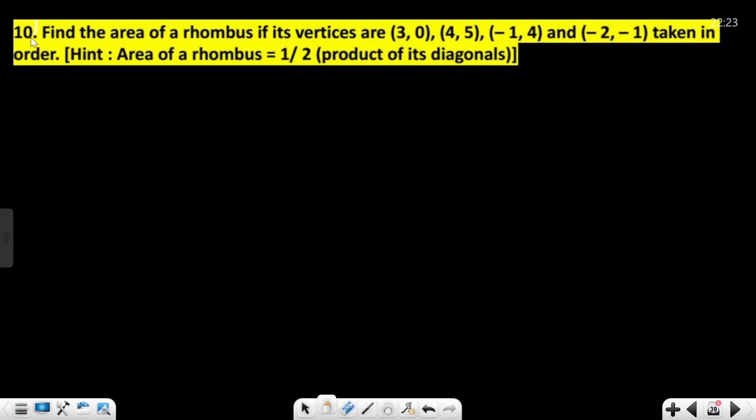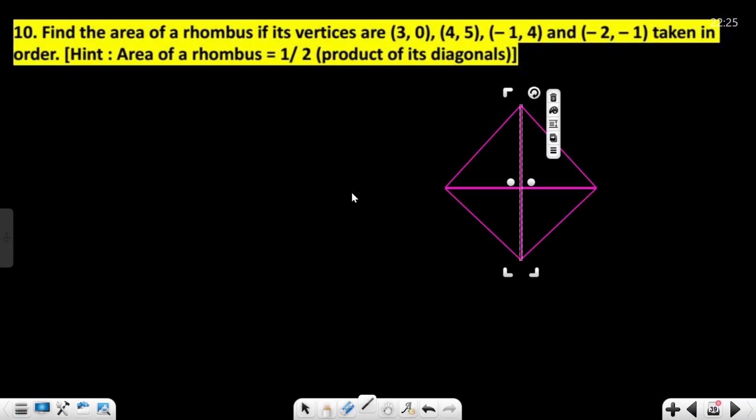Now question number 10. Find the area of the rhombus. First of all, we make the rhombus. Rhombus identification is what? All sides are equal.